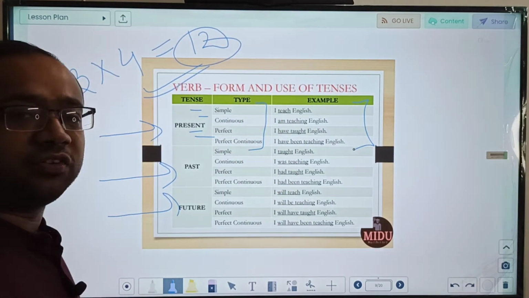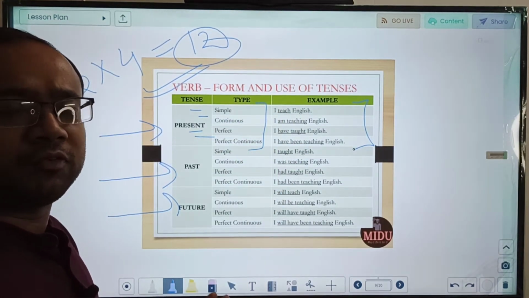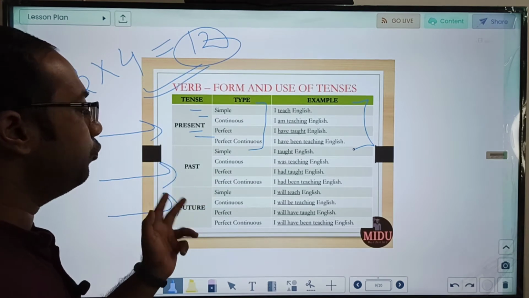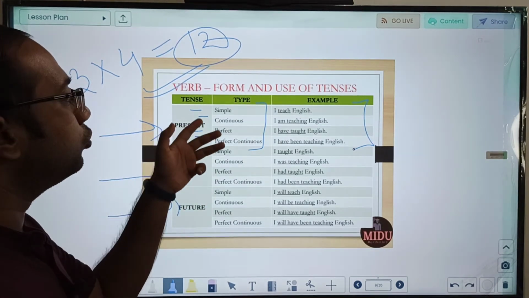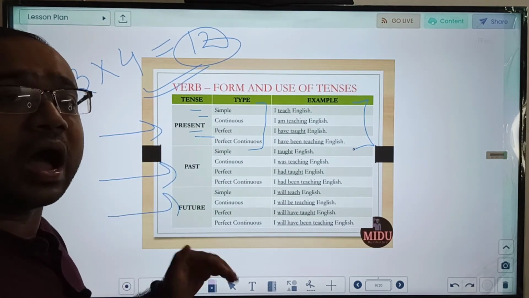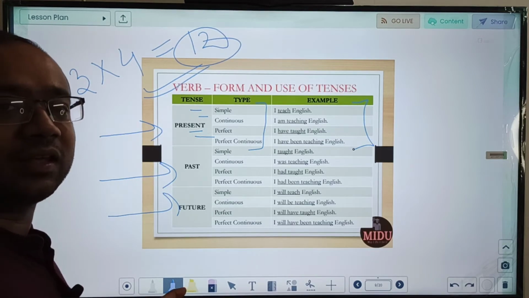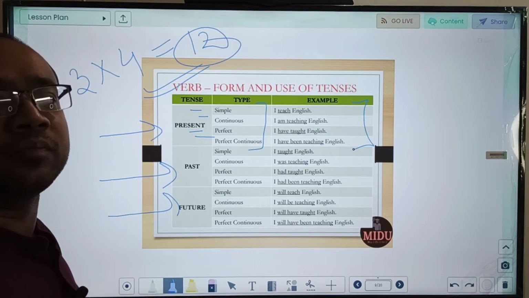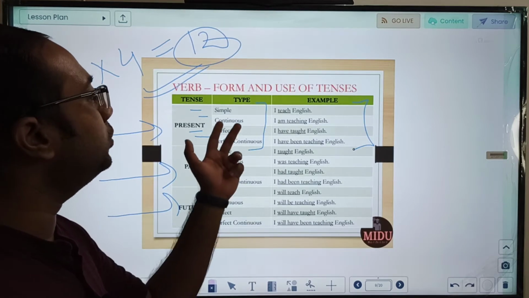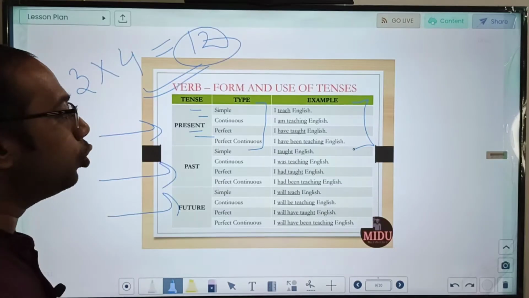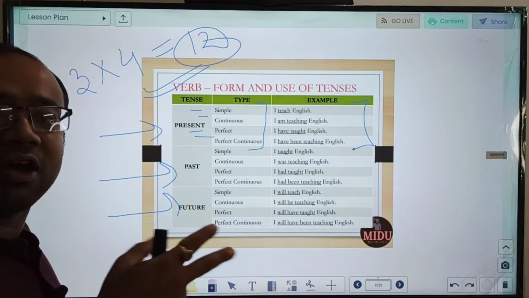I teach English, simple present. We can identify whether it is present, past or future, that is easy. Within that, what is the type? So I teach English, simple. I am teaching English. Like I can say I am teaching grammar for CAT 21. So this is continuous because this is something which is ongoing. Perfect, I have taught English.